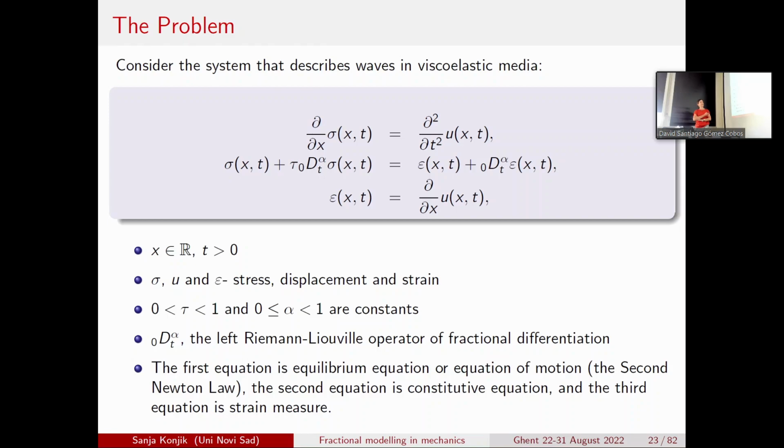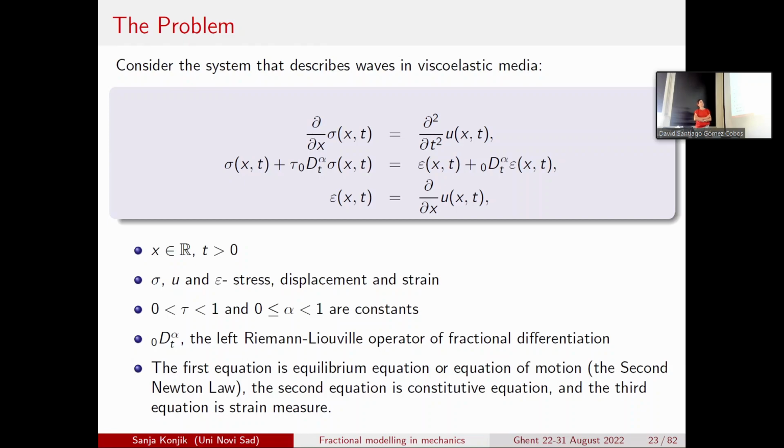The second one, the constitutive equation, keeps information about the media in which we consider wave propagation. So we play around this equation. The first and third we don't change. The first case was the so-called fractional Zener model, where we generalized the classical Zener model by replacing first derivatives with fractional ones, as it is done here.